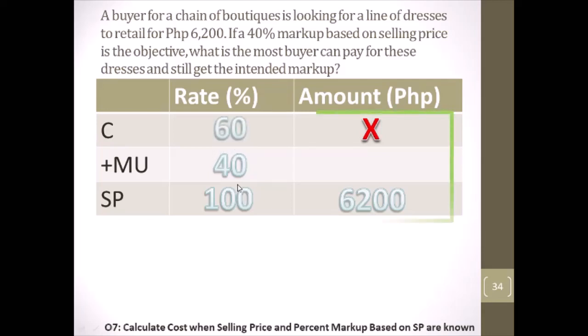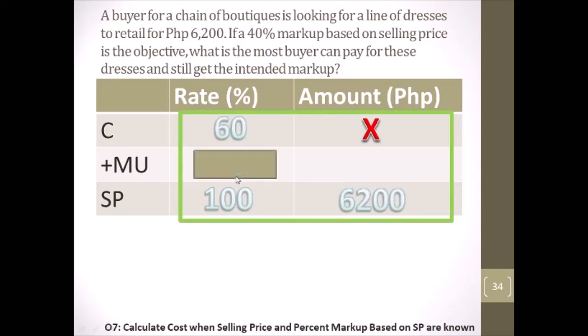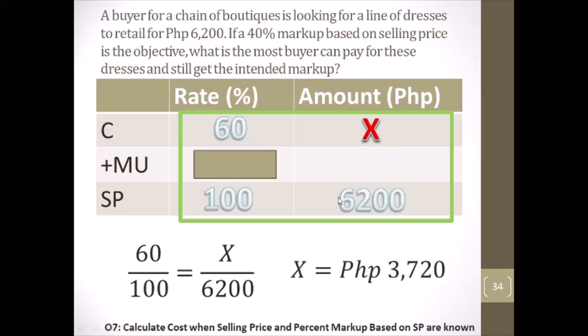The rectangle, we don't need 40 in our proportion. So 60 over 100 is equal to X over 6,200. Cross multiplication, then we will get this one. The cost is 3,720 pesos. It's your turn.